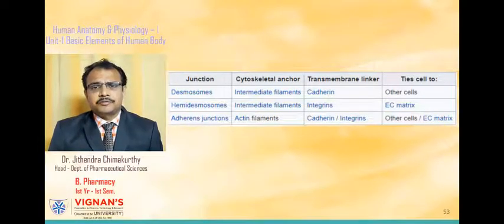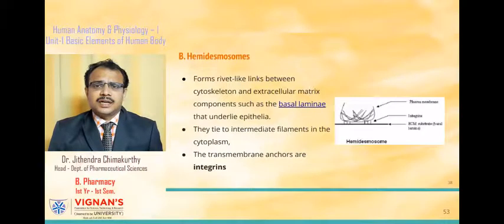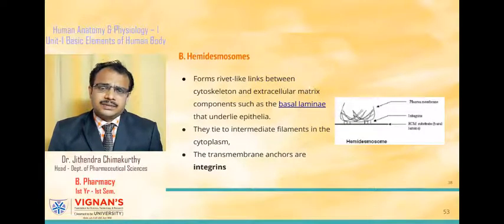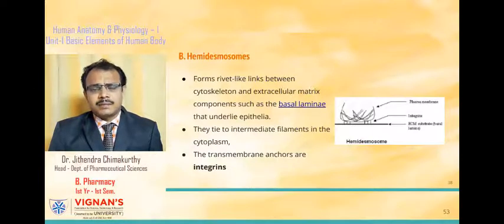The other type of anchoring junctions are hemidesmosomes. In hemidesmosomes, the cytoskeletal proteins and the transmembrane links are involved in forming a junction between the cells and the extracellular matrix, such as the basal laminae of the epithelium.